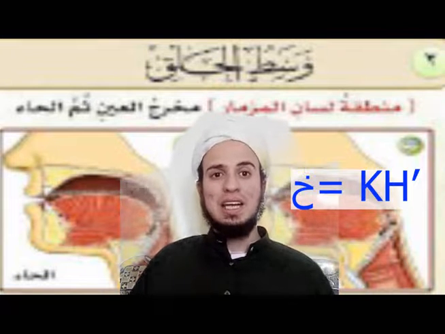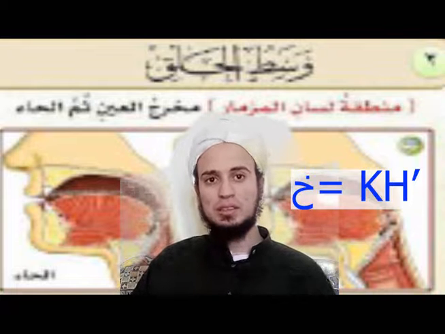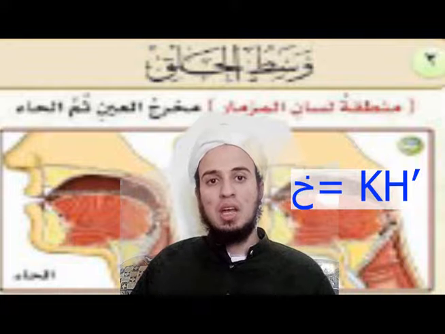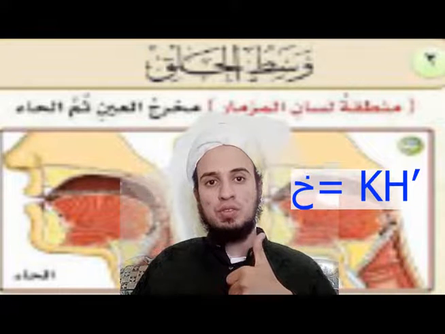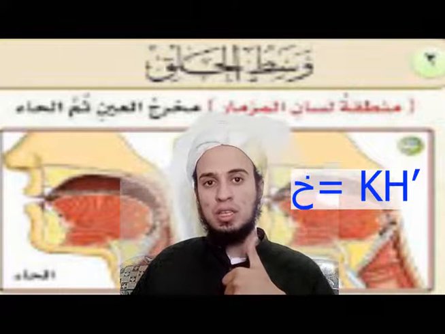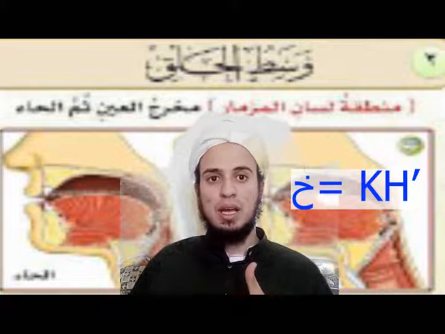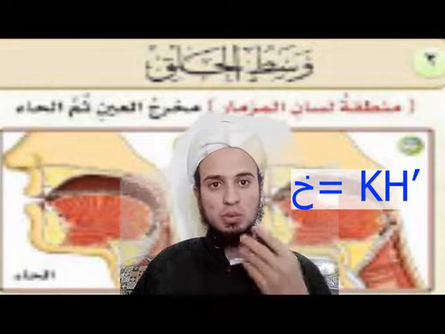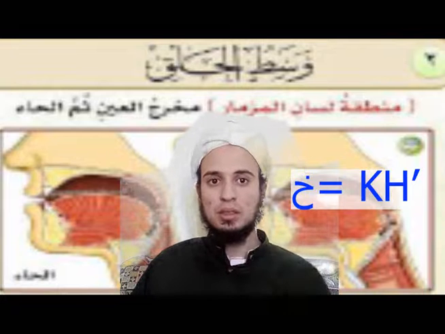Kha has qualities, inshallah ta'ala. I'll speak about these qualities pretty fast. The first quality of it is called hams in Arabic, which means that the air comes out when one is pronouncing this letter.